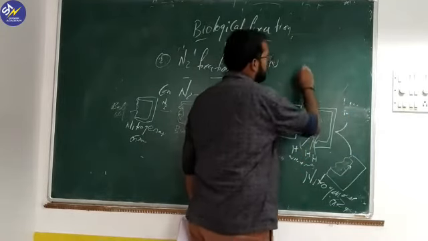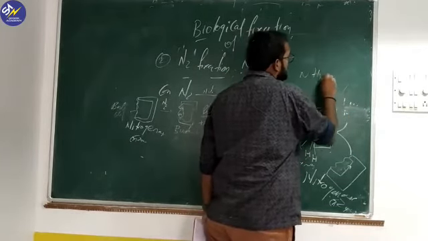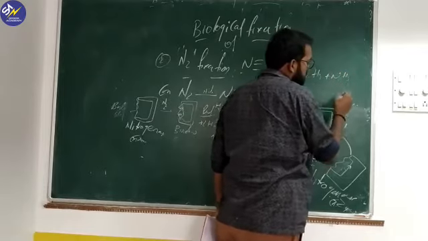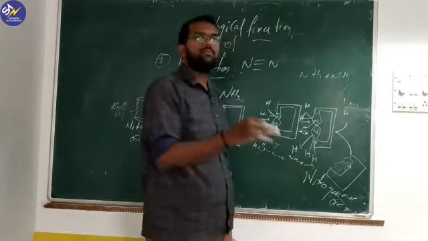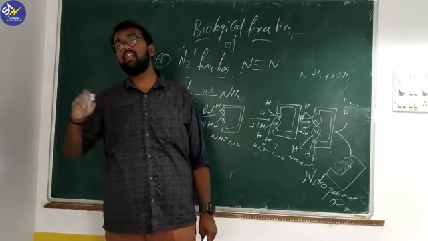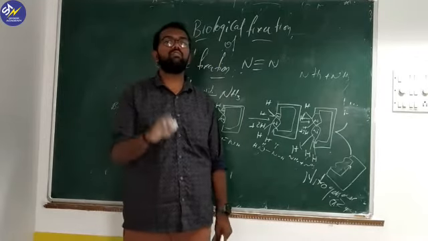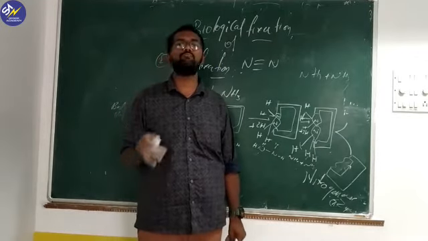In the last step we can see NH3 plus NH3. Two NH3s are developed, and the nitrogenase enzyme will be set free so that it can act one more time. In this way, the entire N2 fixation takes place biologically.